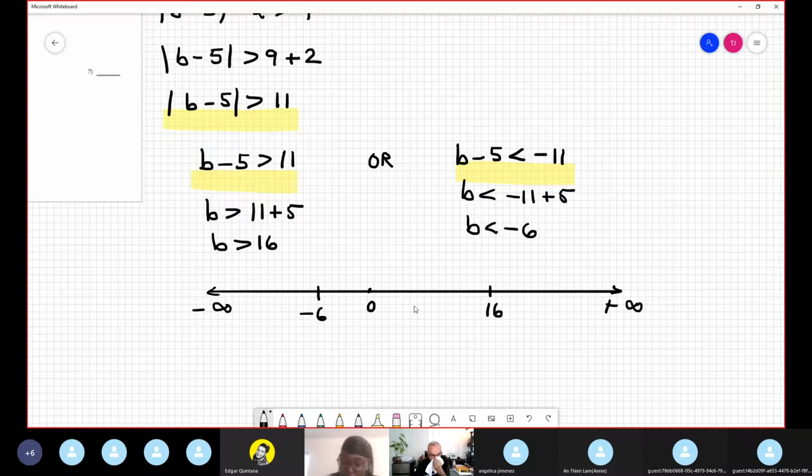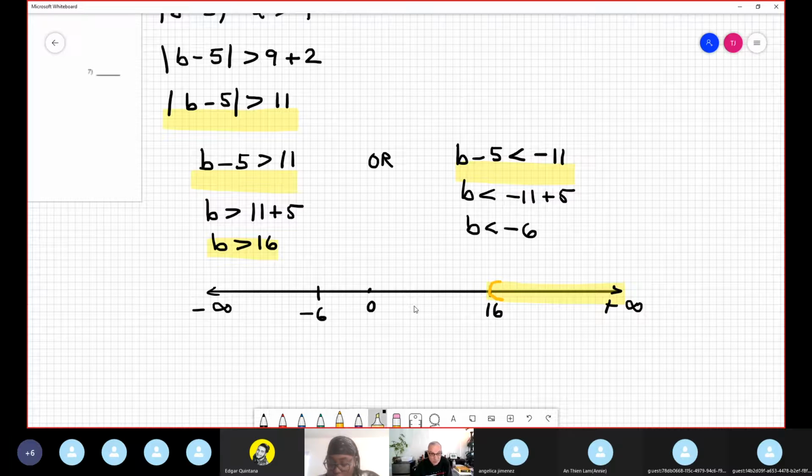You highlight the part greater than 16, to the right. Of course, do not include 16 in the solution, and the way to indicate this is using parentheses, not brackets.